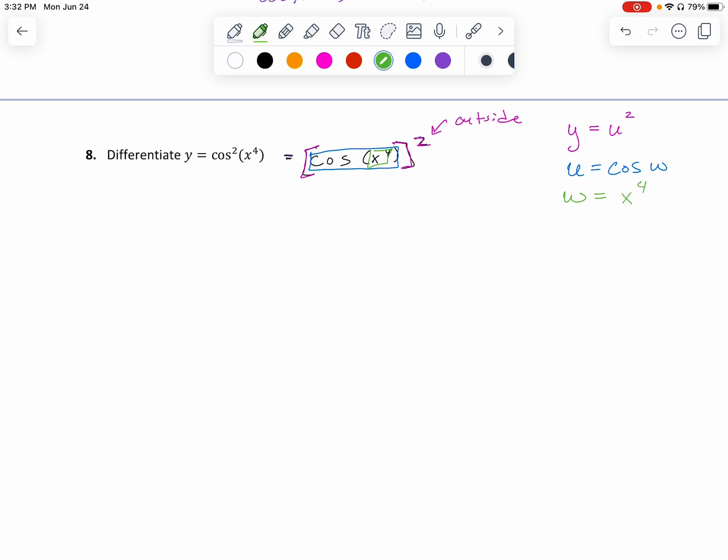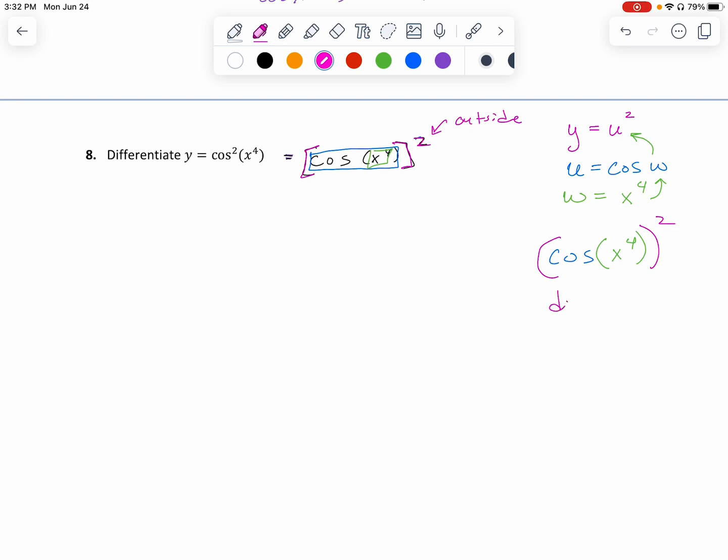So if I plug in x to the fourth into that w, and then push that into the u, then I would get x to the fourth on the inside and put it into cosine, and that all squared. So it's really a composite of three functions.